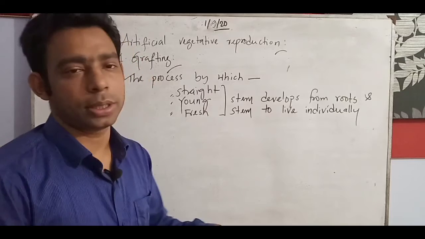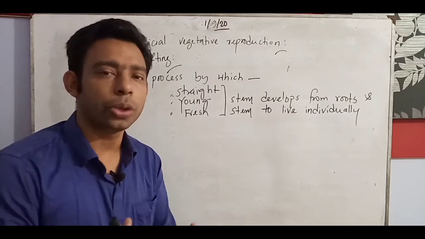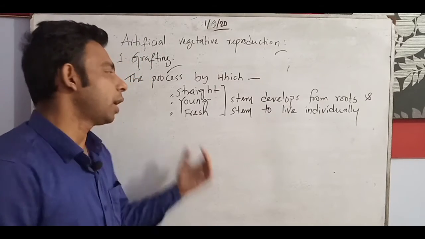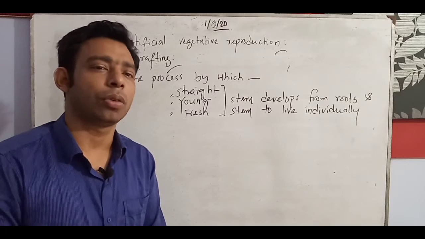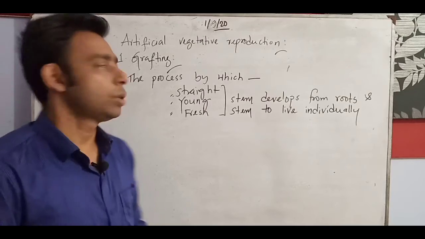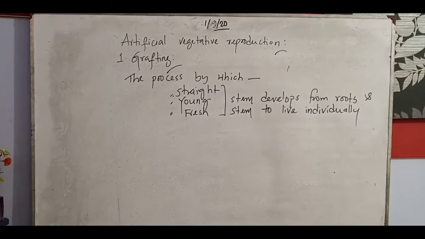So we need to take a straight, young and fresh stem that can grow from the root and also live individually. This is the definition of grafting. I hope you understand that well.